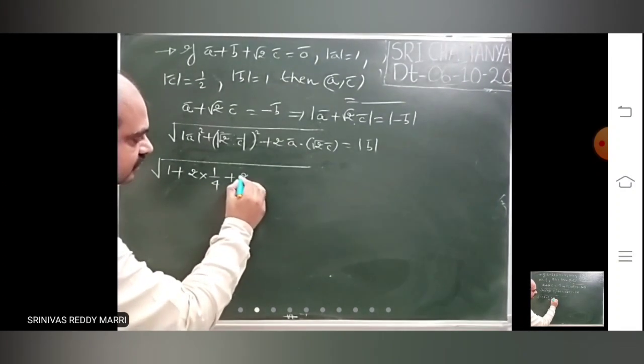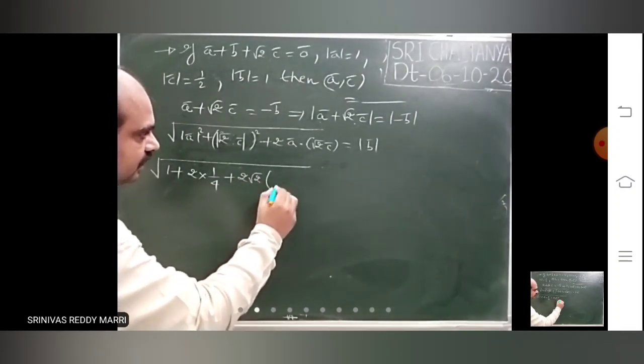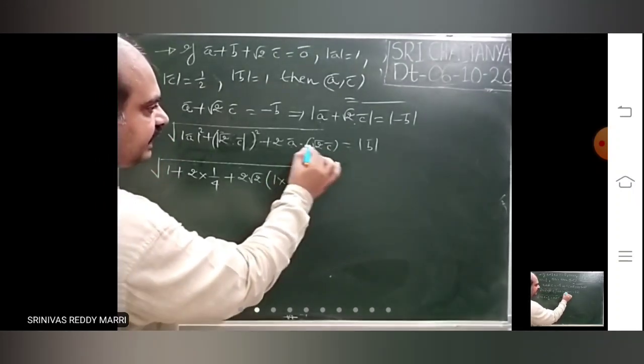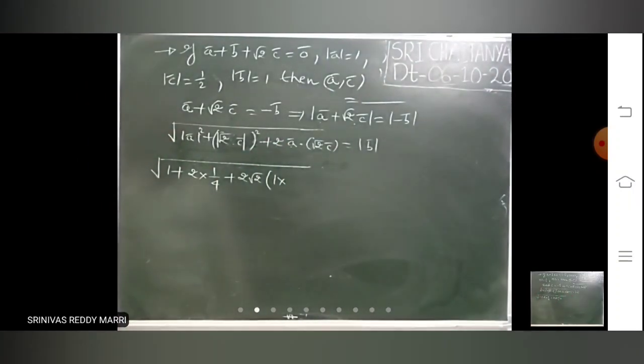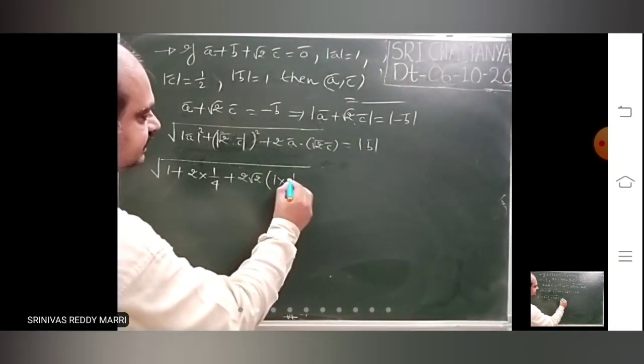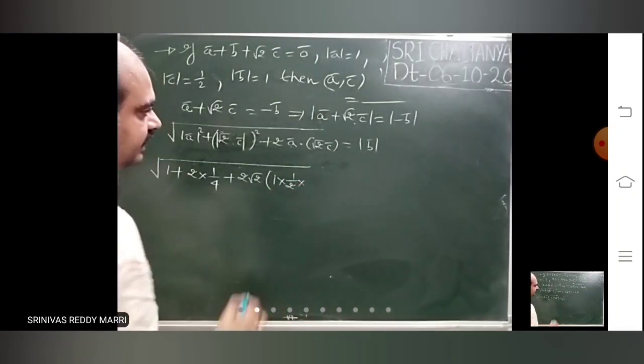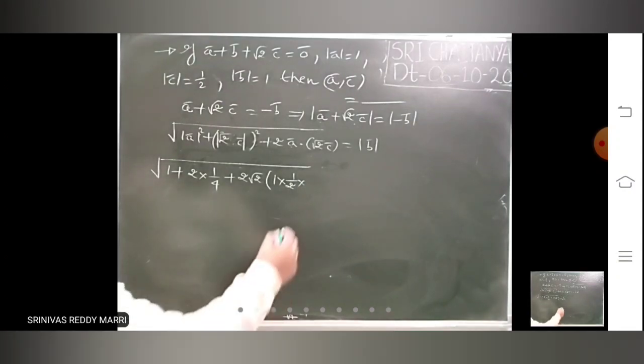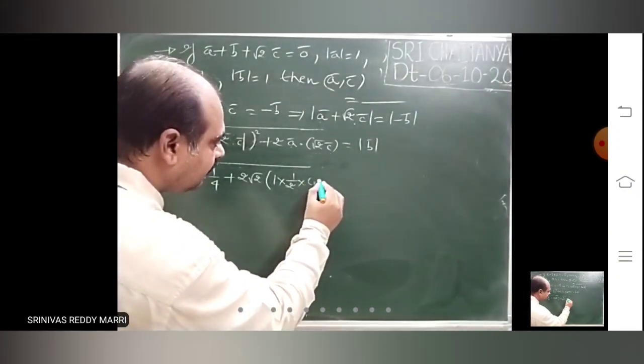2 root 2 into A dot C, again modulus A bar is 1, modulus C bar is 1 by 2, into cos theta, since for this angle you want cos theta.